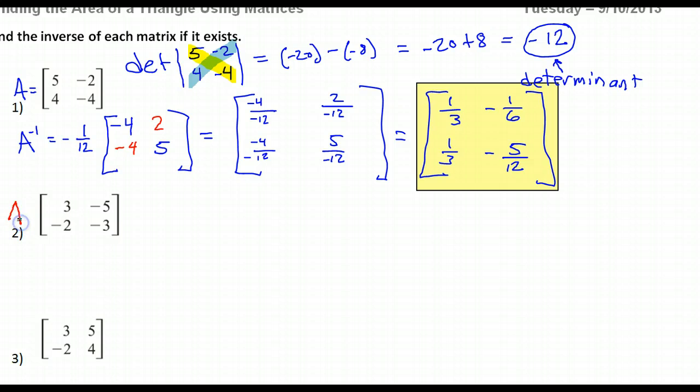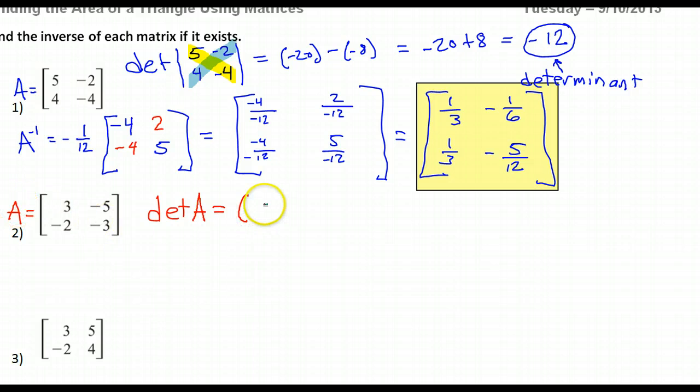So now, let's call this matrix A so I can just refer to it. So again, if I'm supposed to find the inverse, the first thing I need to do is find the determinant. So I'm just going to find the determinant of matrix A. And the determinant is that down diagonal minus the up diagonal.